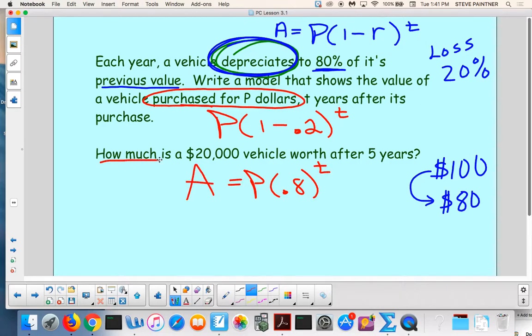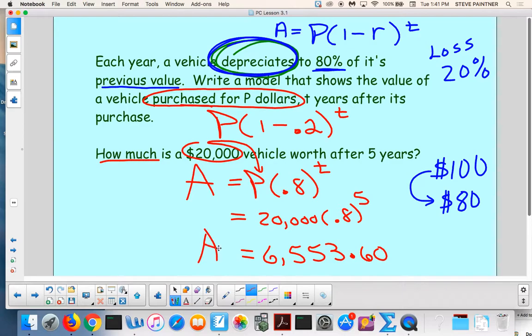How much is a $20,000 vehicle if it goes down to 80% every year for 5 years? 20,000 times 0.8 to the power of 5. How much is it worth? 6,553.6.